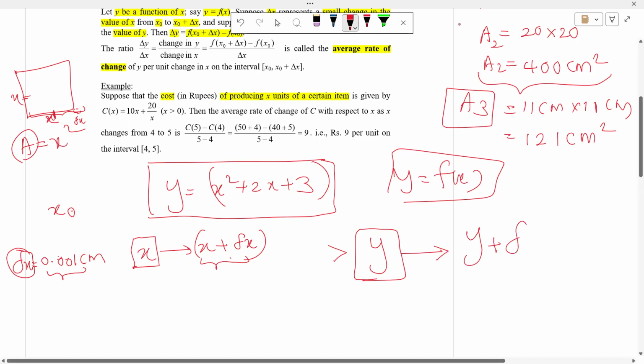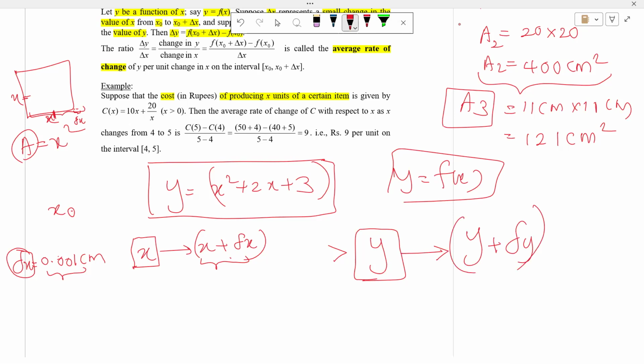So this delta x means the small increment you are doing for your independent variable. Because of that increment, your dependent variable y also increases by delta y, right? Just think about, if you increase the length by 1 centimeter, definitely in your area there will be an increment, right? Did you get my point?